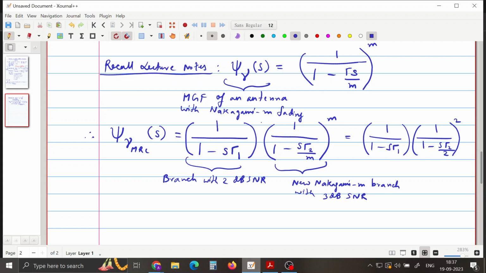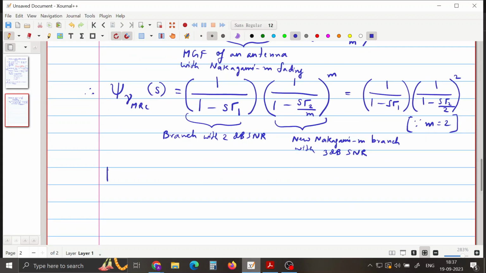I just put small m equals 2 here. Small m is the fading figure, and capital M is the notation that we use for number of antennas, right? Don't get confused.